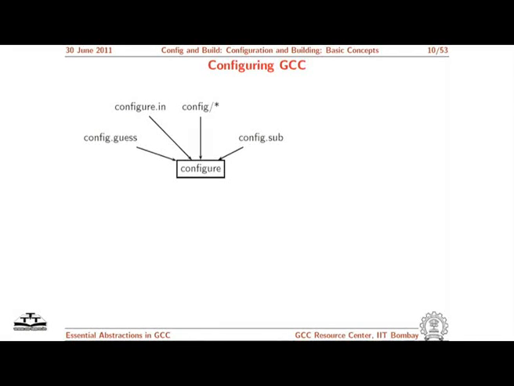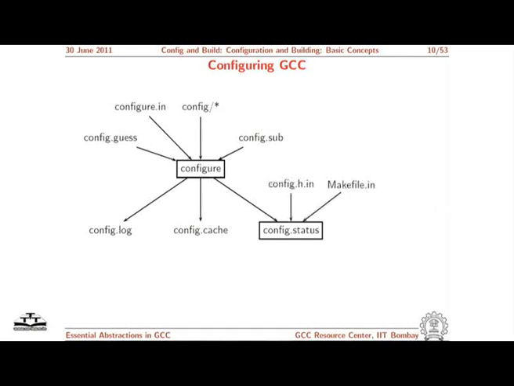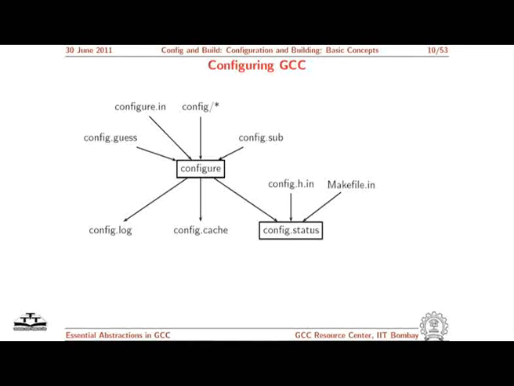After reading these files and after looking at the options that we supply, configure creates these three files, and importantly, it creates something called config.status. It's in a rectangular box, so it's an executable, a shell script. When executed, this reads input from config.h.in. Everything that ends with .in is an input file that provides a template. config.h is a header file that's created which contains information about the particular configuration, and in the GCC source code you'll find lots of places that include config.h.